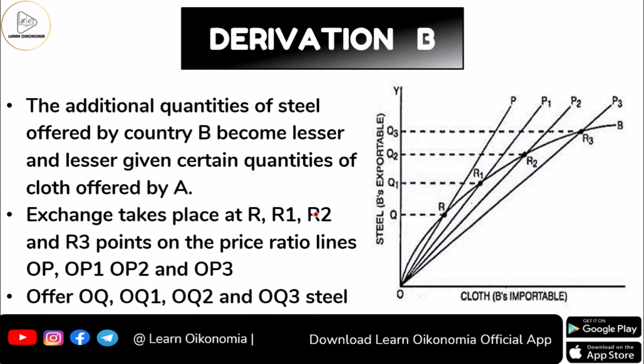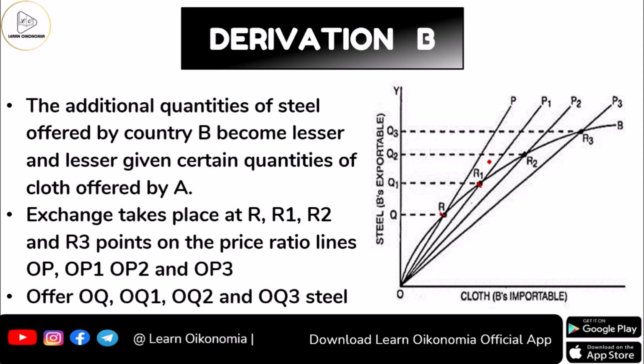Now, the additional quantities of steel which would be offered by nation B become lesser as well as lesser, given certain quantities offered by nation A. So you could see that exchanges would be taking place at points R, R1, R2, R3 as we have seen in the previous case.